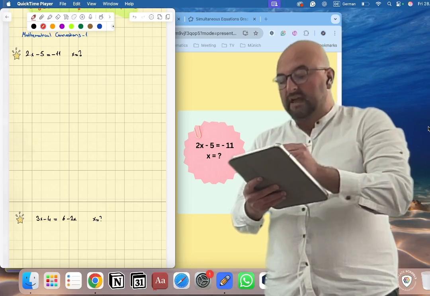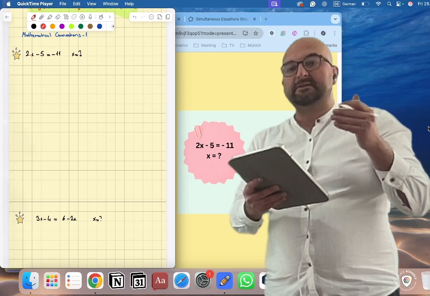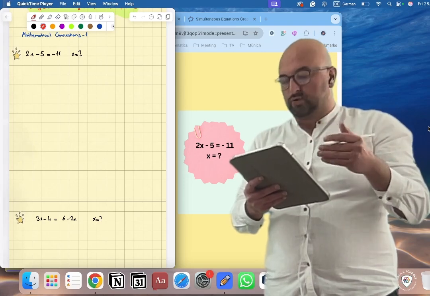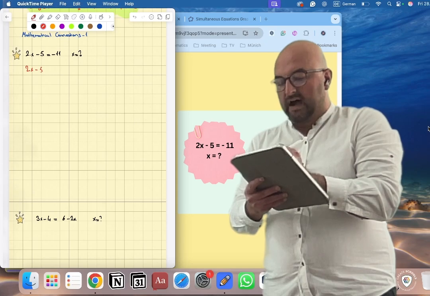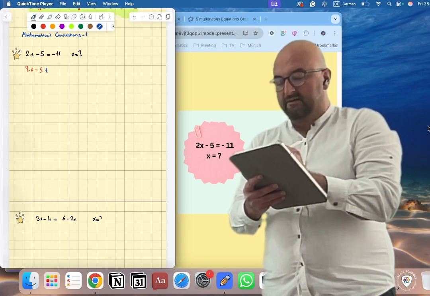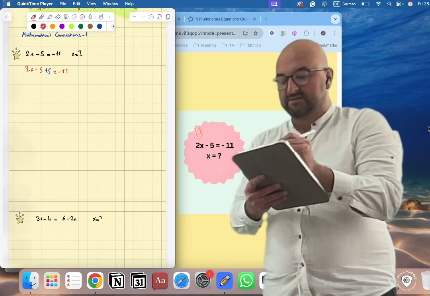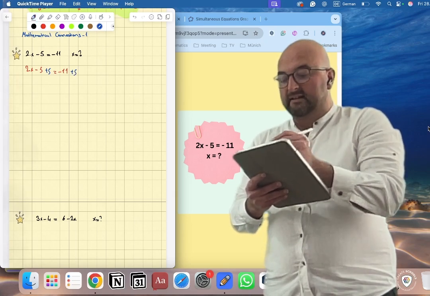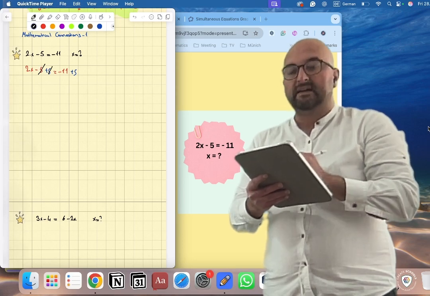Normally, you have to get rid of negative 5 by adding positive 5 at both sides of the equal sign. So 2x minus 5 plus 5 equals negative 11 plus 5. Now you can see negative 5 and positive 5 cancelled.